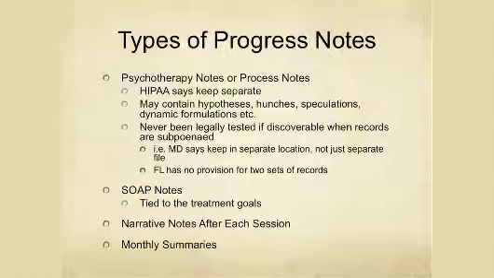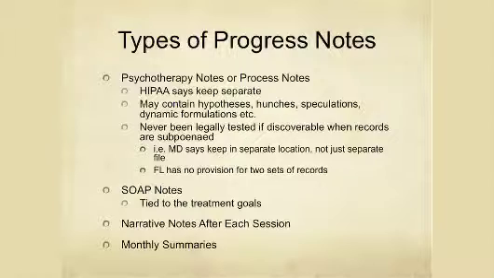So we have a progress note which just says client appeared, is making more progress, more depressed, less depressed, medication increased, medication decreased, and so on. And then in a separate record, and we're not required to keep the separate record, but HIPAA says if you want to keep a separate record, you can, in which you document all of these other things.